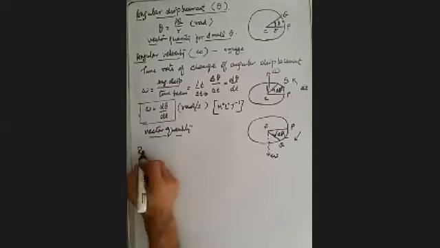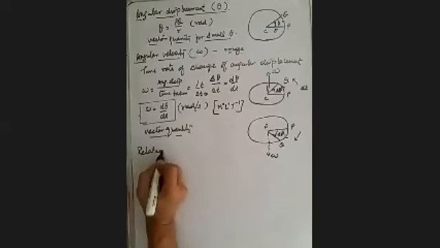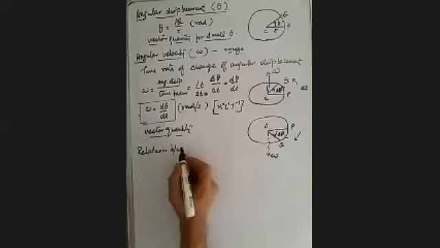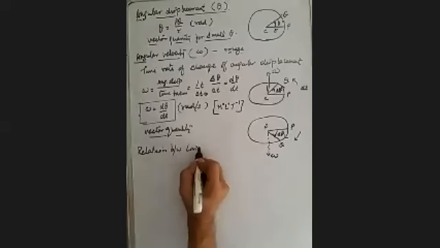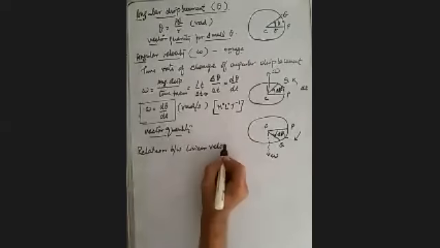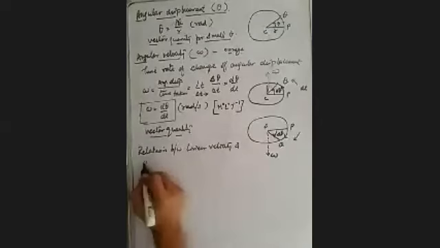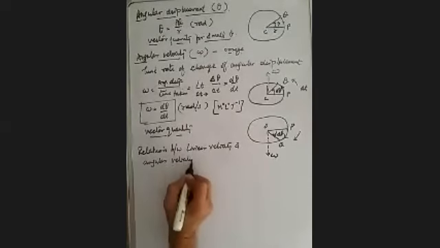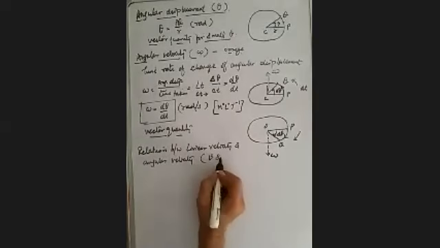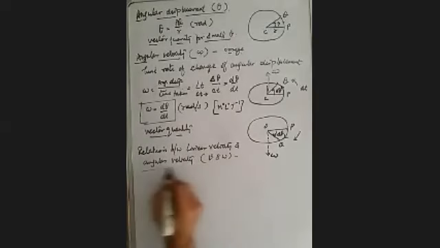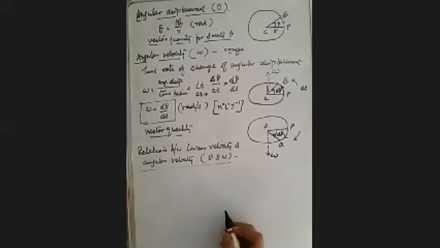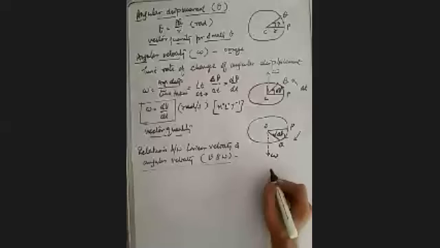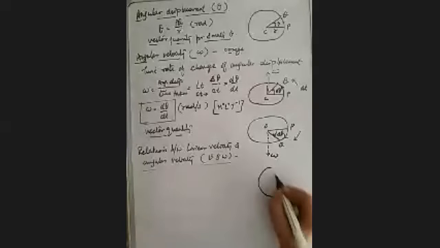Now we shall discuss the relation between linear velocity and angular velocity, that is between v and omega. So what is the relation between the two? Let us discuss now. Let us say the object is moving with angular velocity on a circular path.